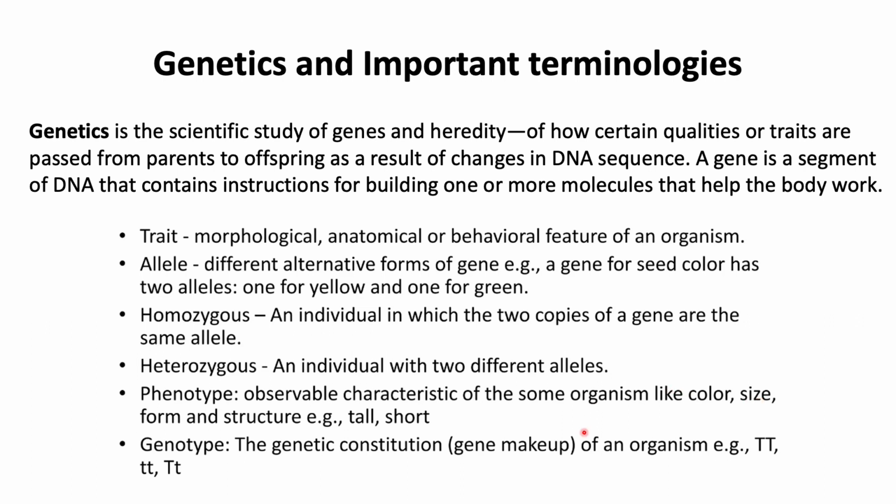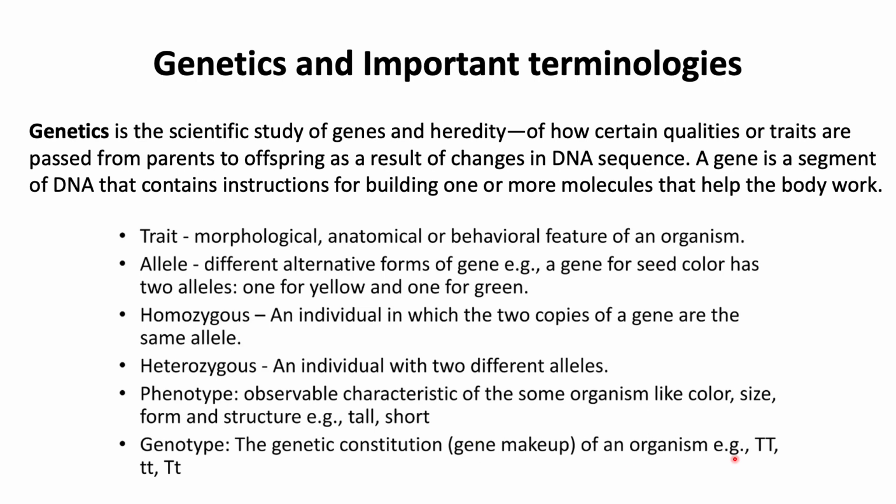And phenotype is a term used interchangeably with trait. So it means the observable characteristic of an organism, like height, that's like tall or short, and skin color, and so on. And genotype is the genetic composition that determines a specific phenotype.